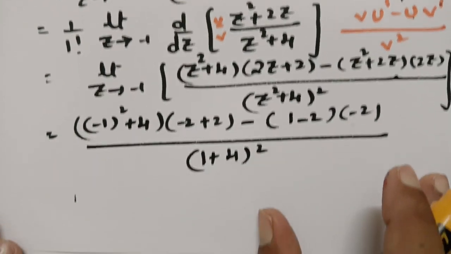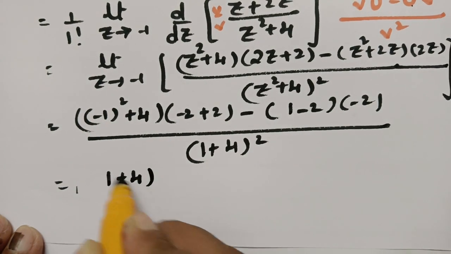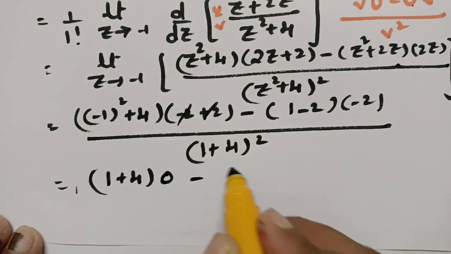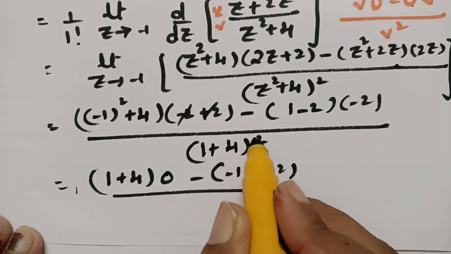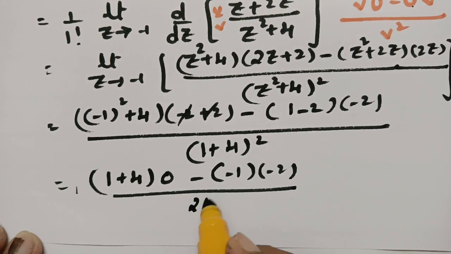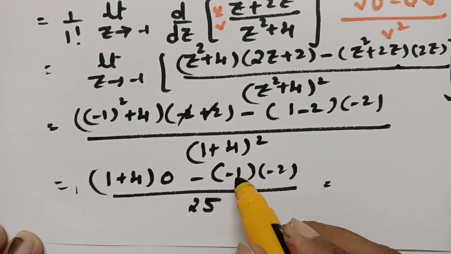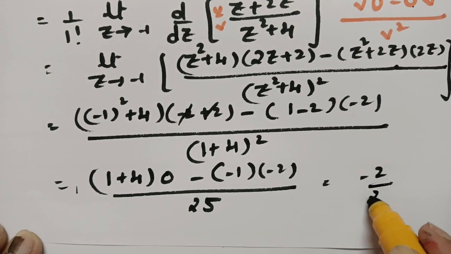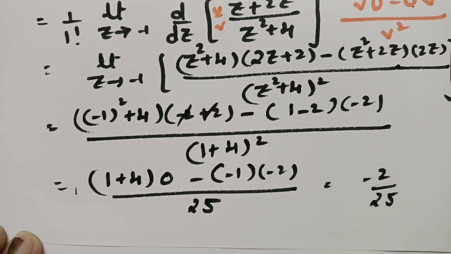This value is 0, and 0 into anything is 0. This is minus 1 into minus 2 by 1 plus 4 whole square, which is 25. So the value here is minus 2 by 25.